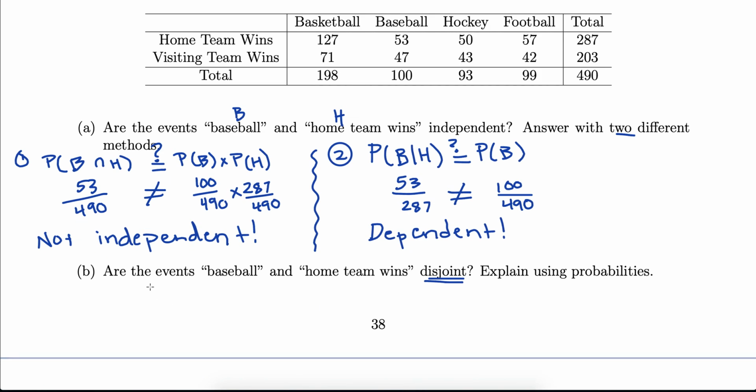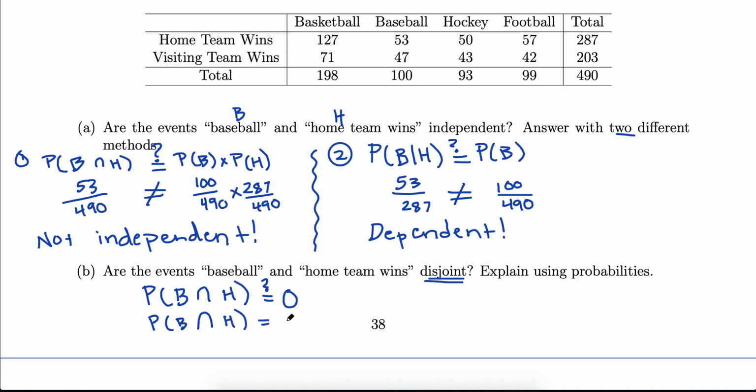So at the bottom here, our baseball and home team disjoint, we need to look at the probability of the and. And remember, disjoint is saying, is that overlap equal to 0? Can they both happen at the same time? Well, in our case, sure. We had several games that were both baseball and won by the home team.